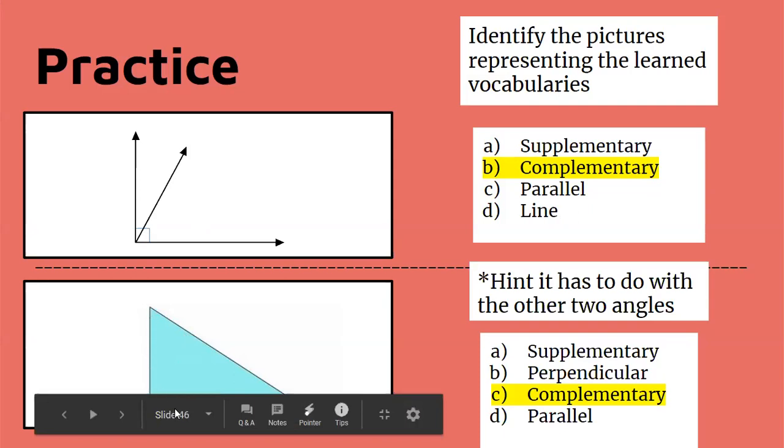Since this angle at the bottom that's being covered is 90 degrees, if you subtract 90 degrees off of 180 degrees, then the other 2 angles have to equal 90 degrees. And remember, complementary means that 2 angles add up to 90 degrees. So this angle and this angle right here add up to 90 degrees. So we get complementary.